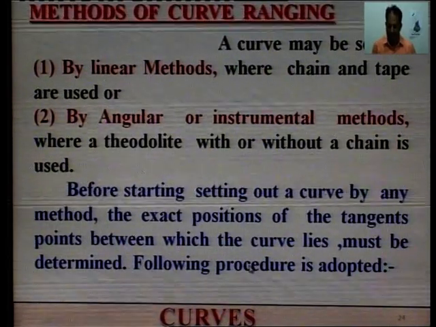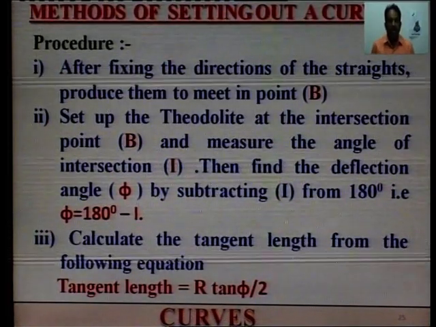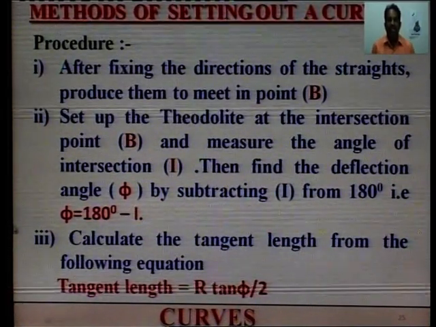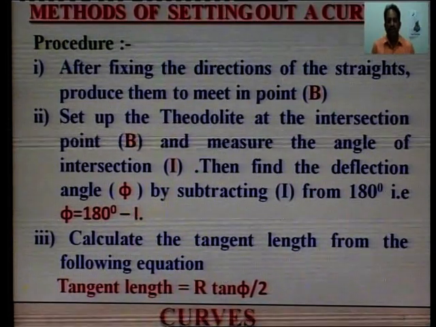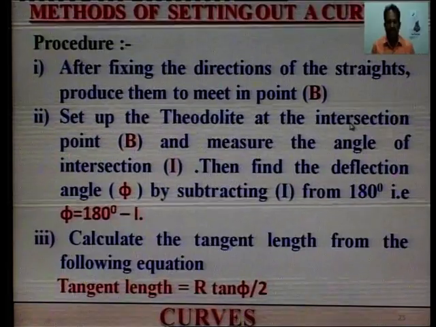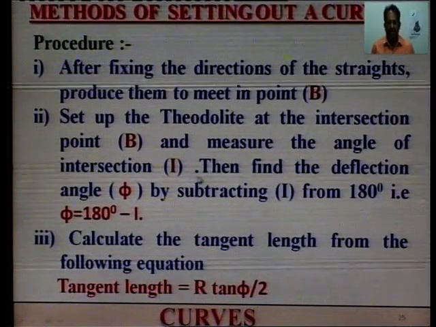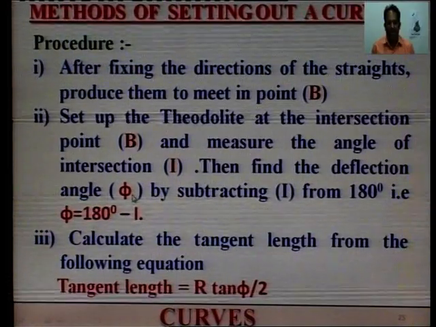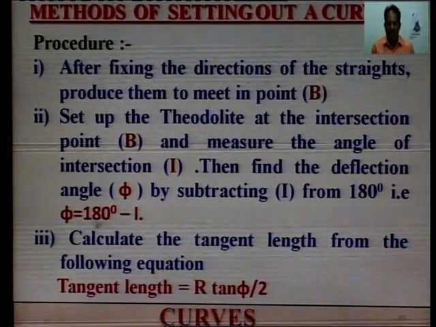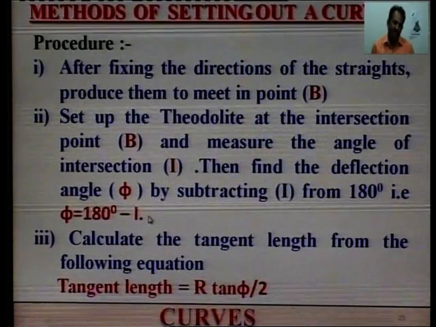The following procedure is adopted. After fixing the direction of the straights, produce them to meet at point B. Set the theodolite at the intersection point B and measure the angle of intersection. Then find the deflection angle phi by the relation phi is equal to 180 degrees minus I, where I is the intersection angle.